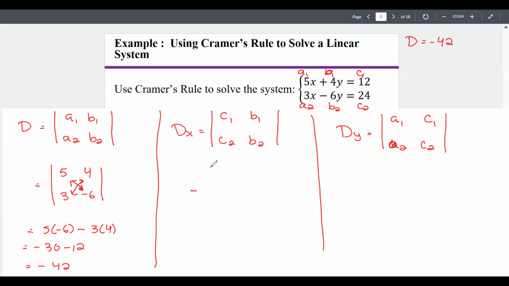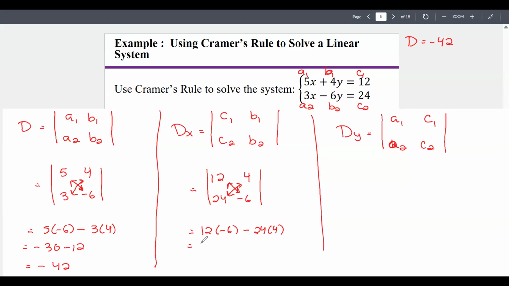Your dx, so you're going to do your c1, which is 12, your b1, which is 4, your c2, which is 24, and your b2, which is -6. You're going to do the 12 times -6, minus this cross multiplying, the 24 times the 4.